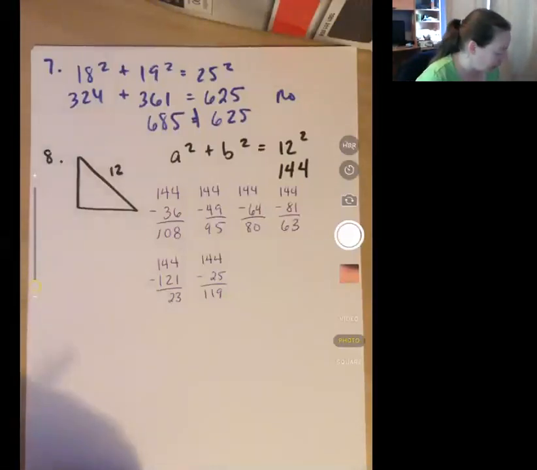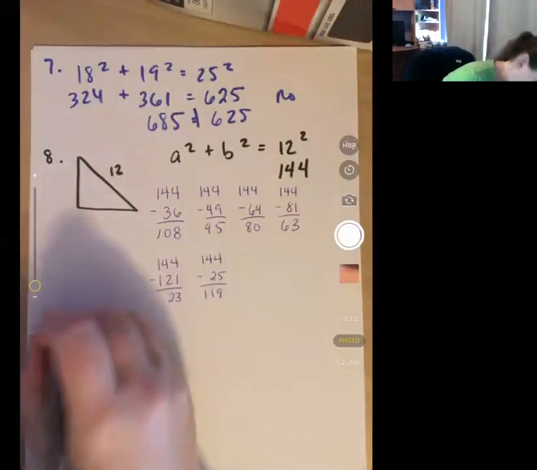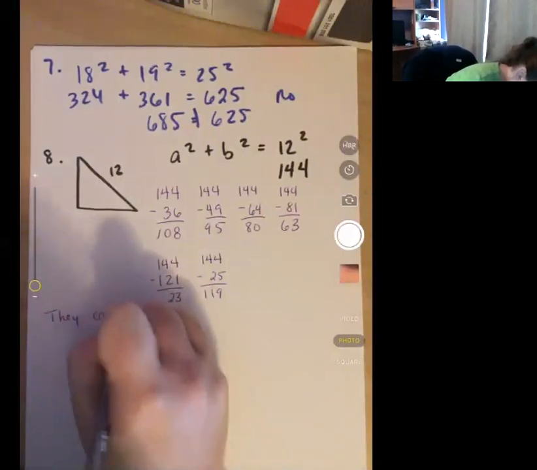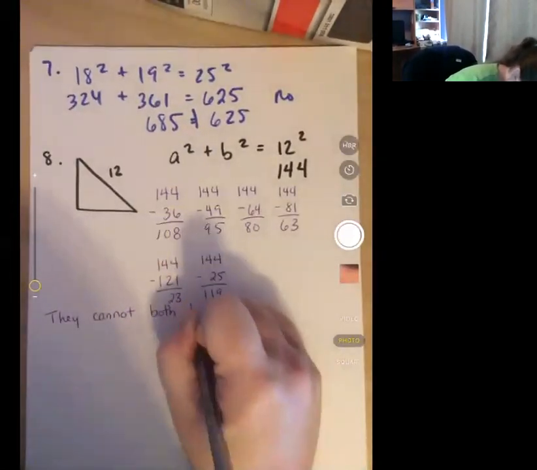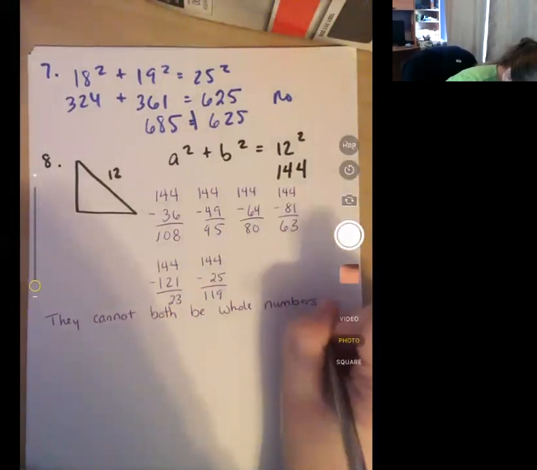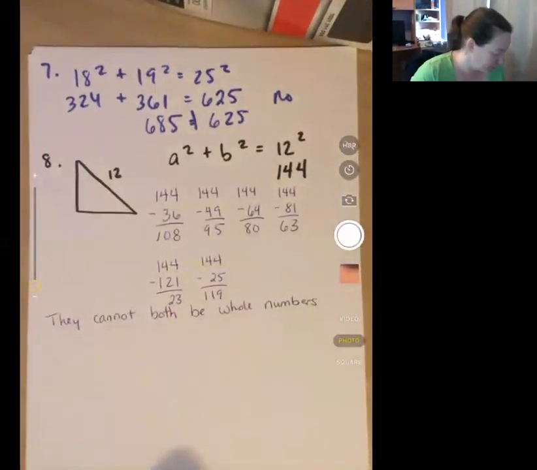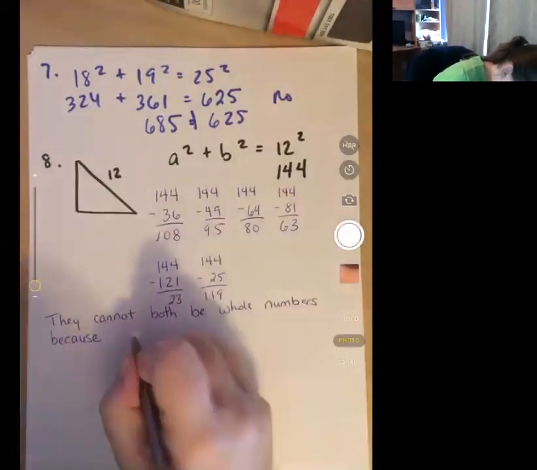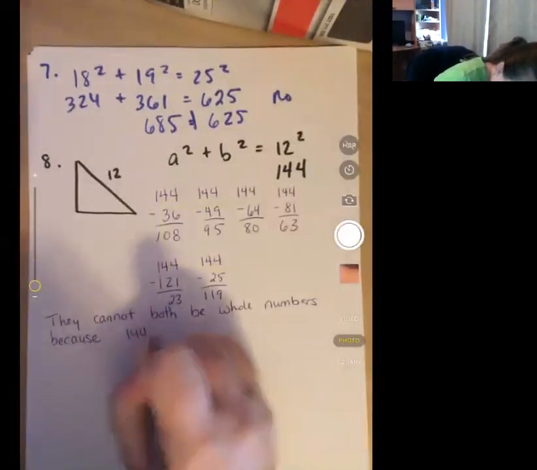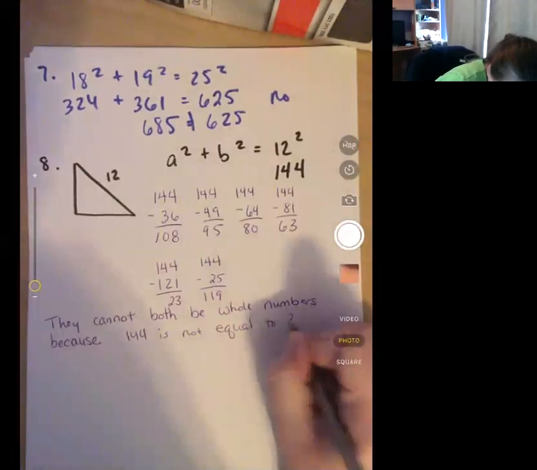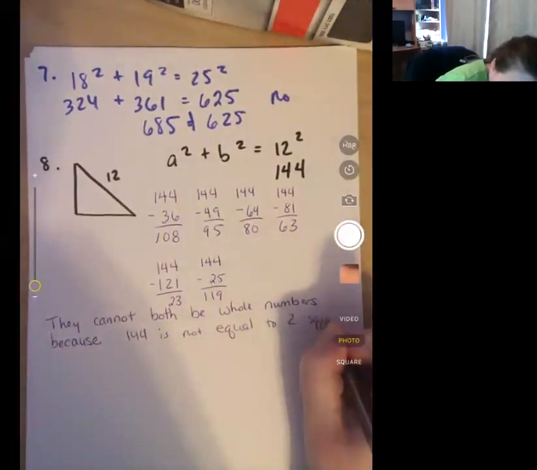So our answer for number 8 is they cannot both be whole numbers because 144 is not equal to 2 squares.